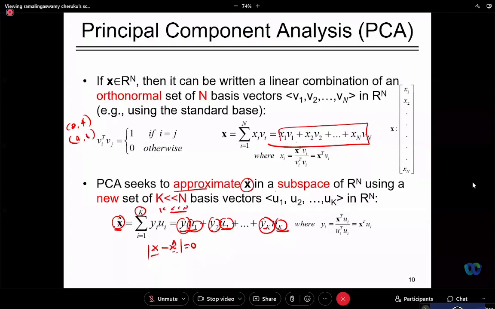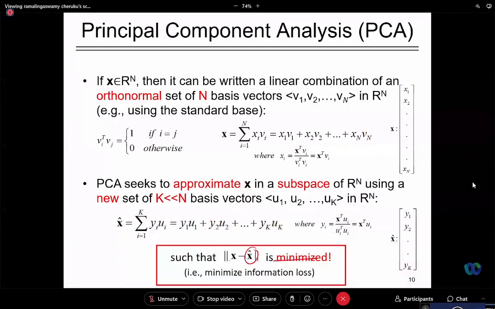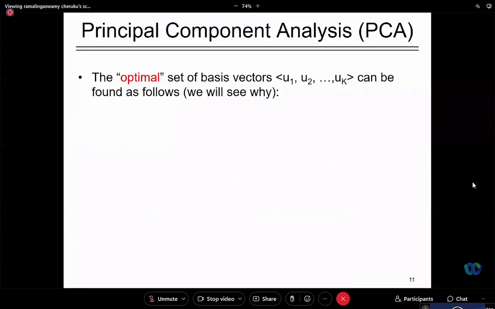What should be the K value I have to consider to minimize this, such that X minus X cap is minimized? That means we are minimizing the information loss, data loss. Now tell me, if K is equal to n, because as I said, V1, V2, Vn is transforming to U1, U2, Un, is there any data loss?